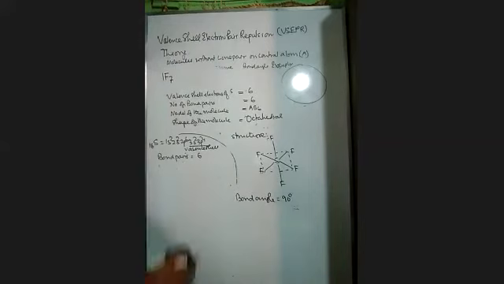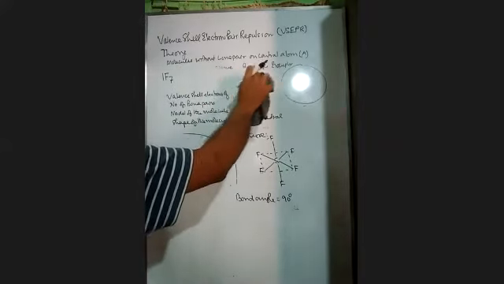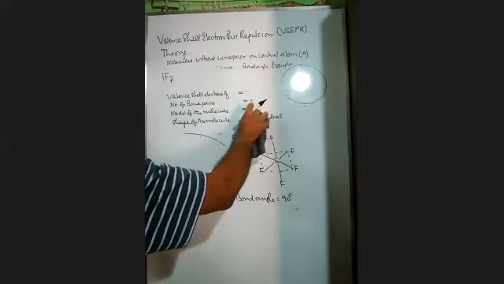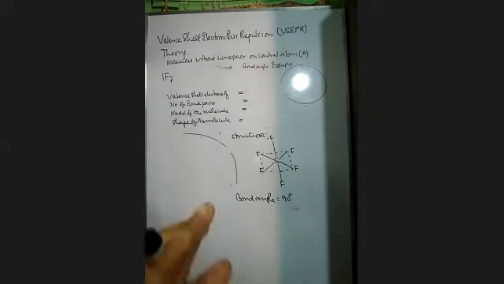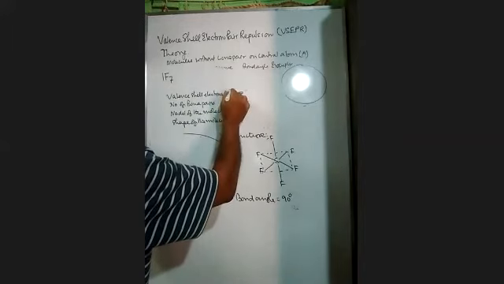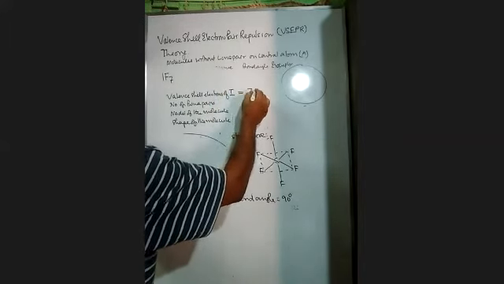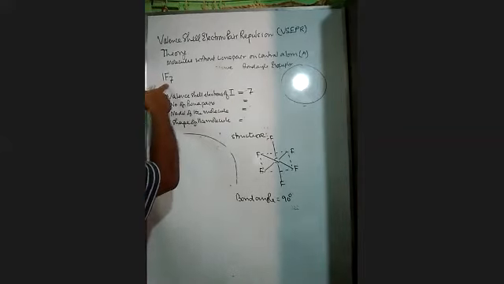IF7. See, halogen has 7 electrons in its valence shell. All halogens have 7 electrons in their valence shell. So in case of iodine, 7 electrons are there, 7 fluorines are there.